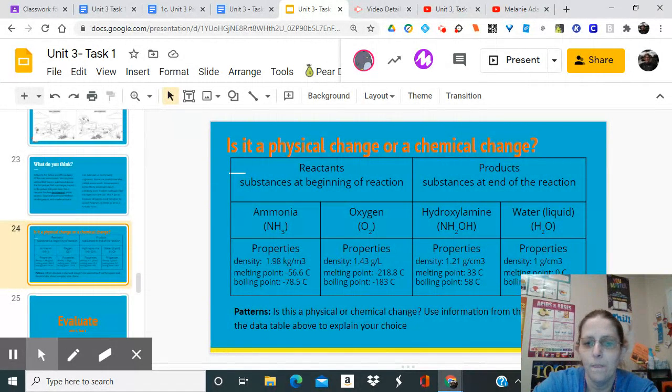Bones don't do that. So what you're going to do is you're going to take this data information and you're going to tell me, is it physical or chemical? Now, we already know the answer to this if you were paying attention, okay, based on the product. Is the product the same as the reactant? Yes or no? That's going to tell you which one of these is the answer.